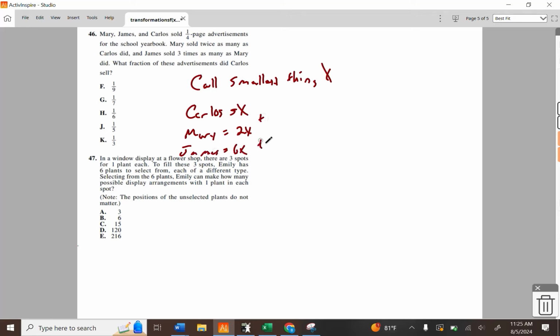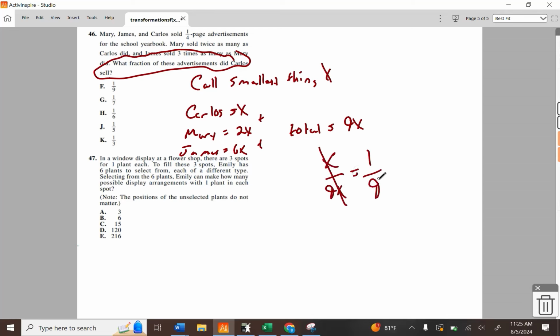Now, if we were to add all these together, the total is going to be 9x, I think. What fraction of these advertisements did Carlos sell? Well, Carlos sold x out of 9x, or because of cancellations, 1 in 9.